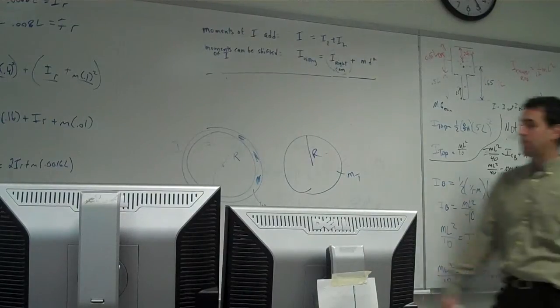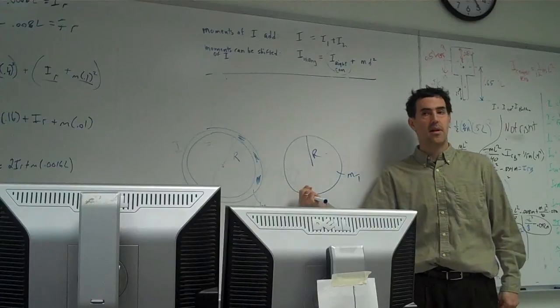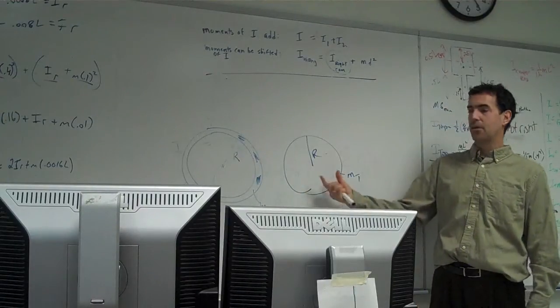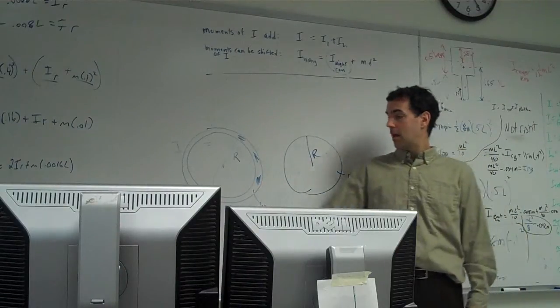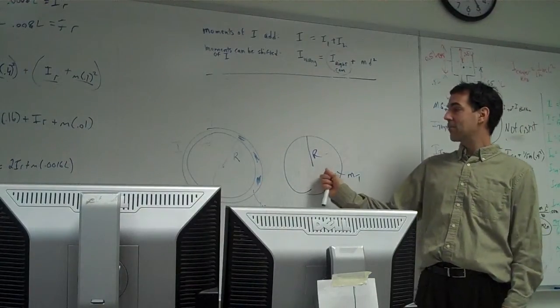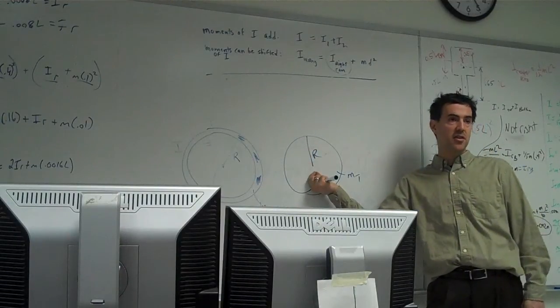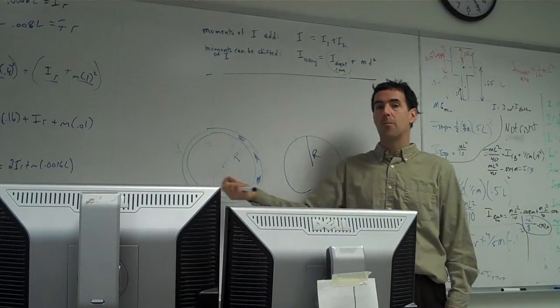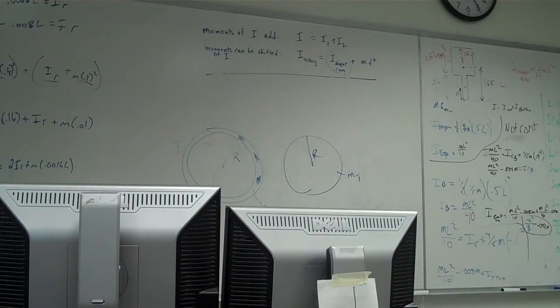So I have a bike tire and a disc that have the exact same mass, and I'm trying to figure out the moment of inertia, whether it's higher or lower. On average, is the distance from the mass of the disc closer to the center or further from the center compared to the bike tire?